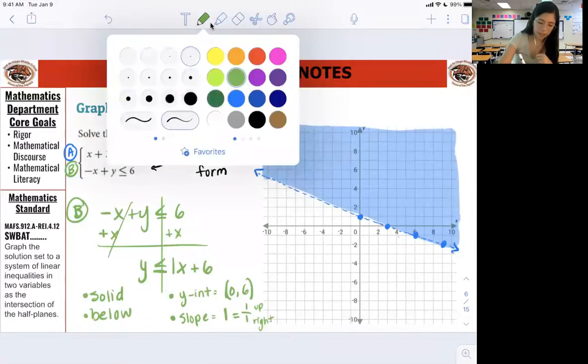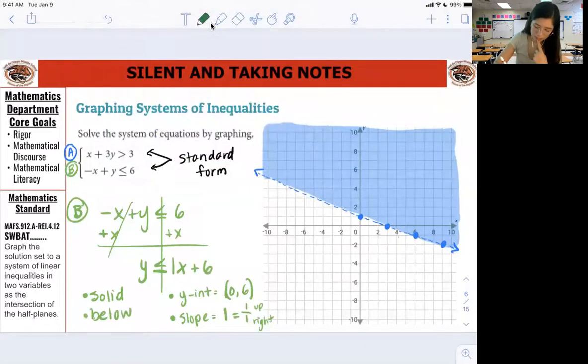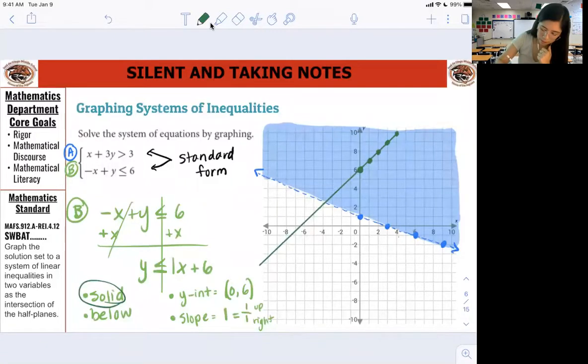All right, let's do it. Starting with (0, 6), that's my starting point. Then, like I said, I'm going to go up 1 and then 1 to the right. It's literally going to be every little corner of this graph like that. Then I'm going to connect it with a solid line. I'll make that nice and straight.